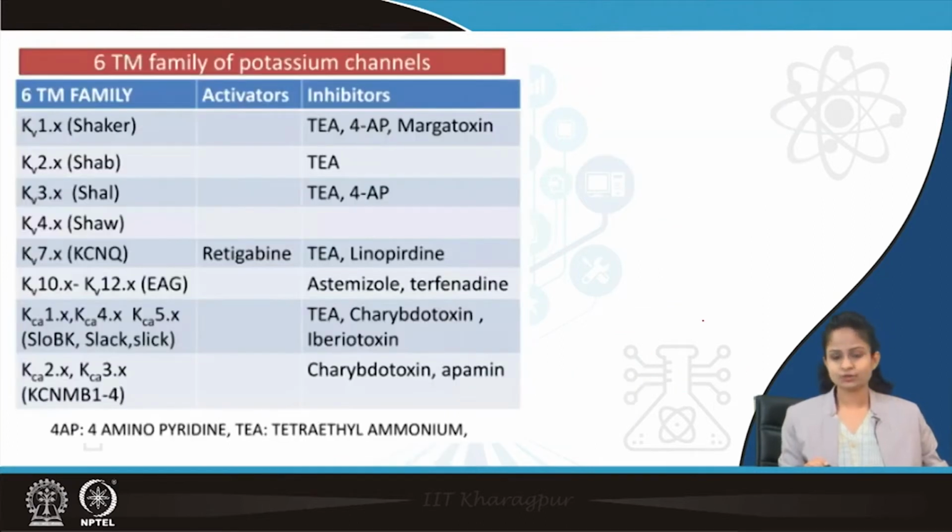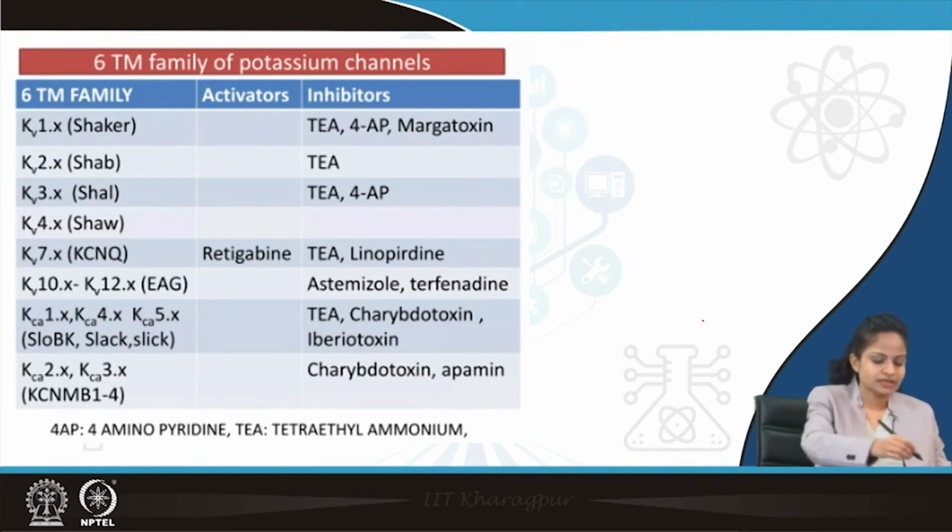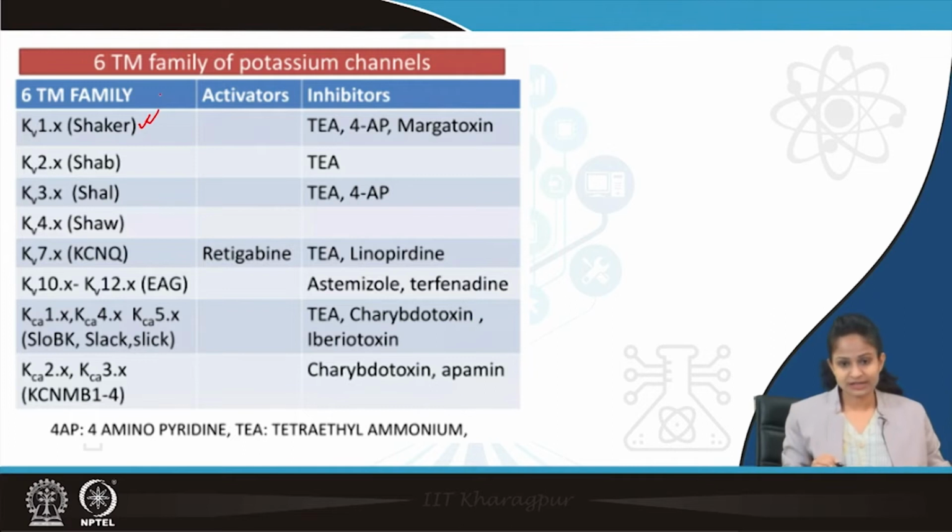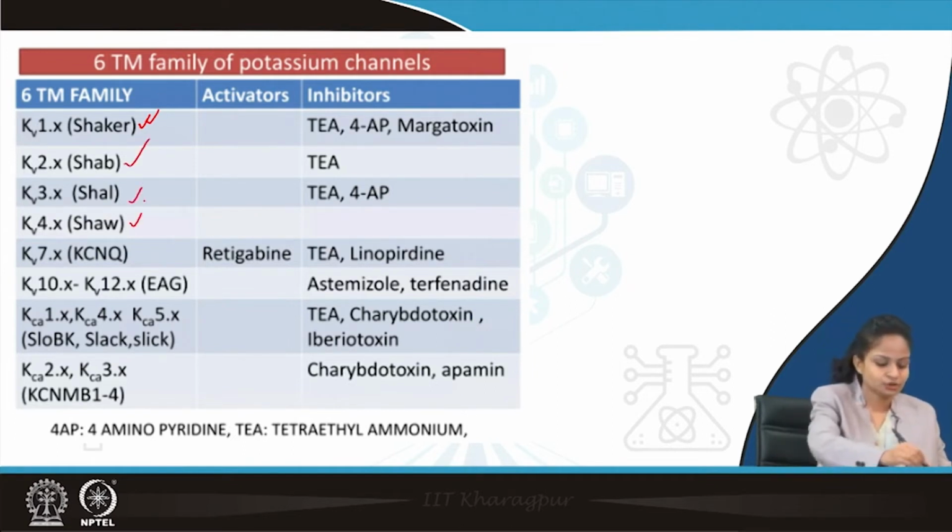Coming specifically to the voltage gated potassium channels, we have around 12 subfamilies. We do not have to remember that. The initial discovery was done with the help of Shaker. So, Shaker protein, then we have Shab, Shal, Shaw.